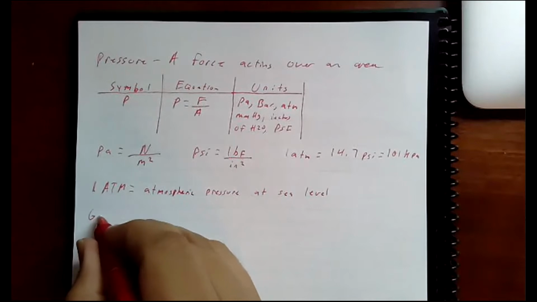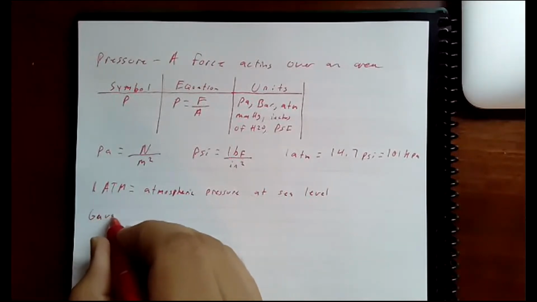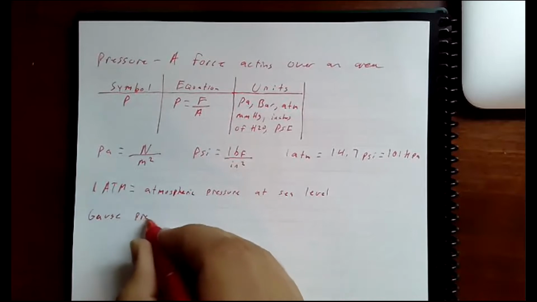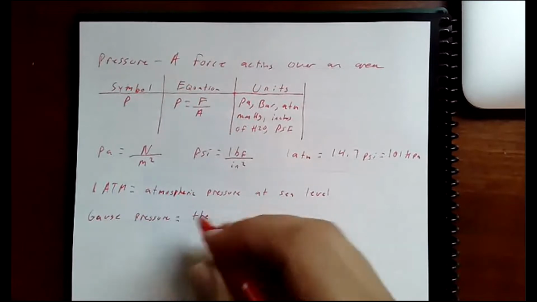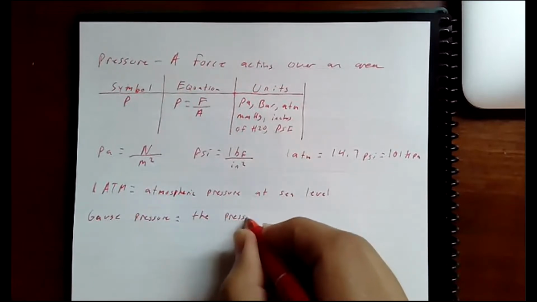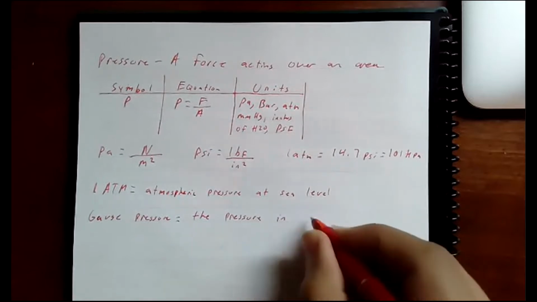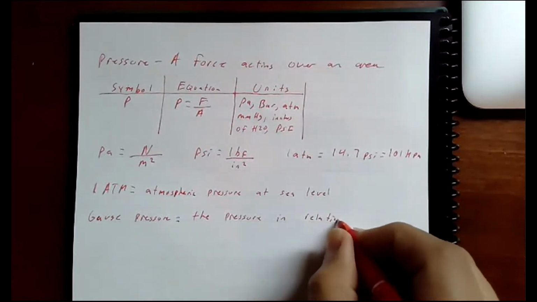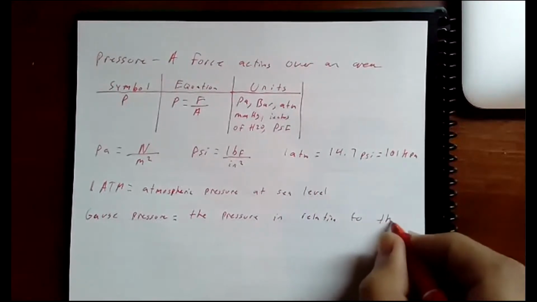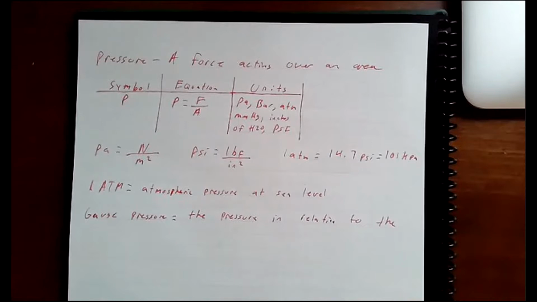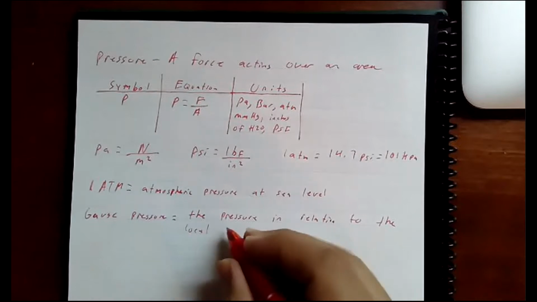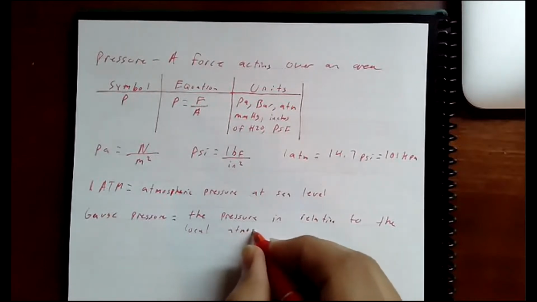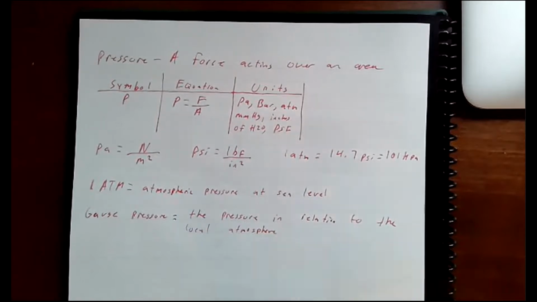Gauge pressure. Gauge pressure is a pressure in relation to the local atmosphere.